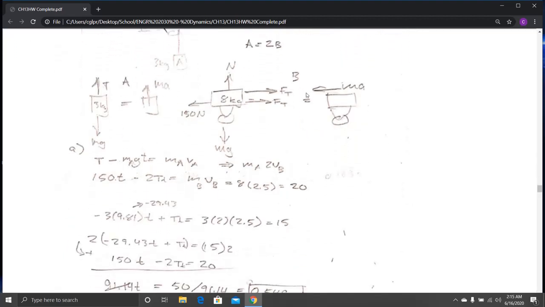I go ahead and do the same thing as I did with A for B, relating the forces to the momentum. Again, we're integrating the forces, which is why I get T here. This time, the tension is working in the opposite direction of the force, and there's 2 of them.